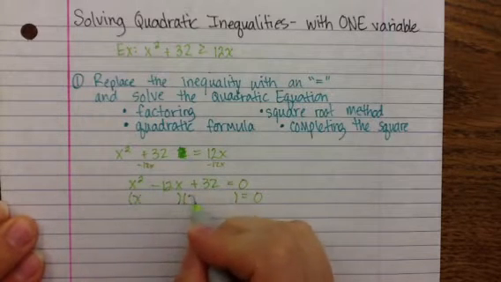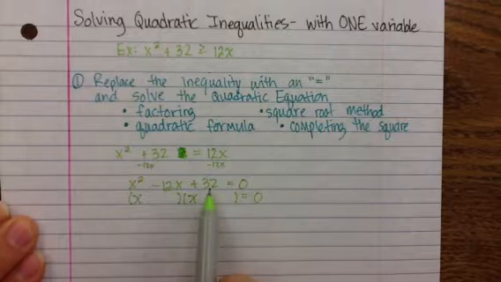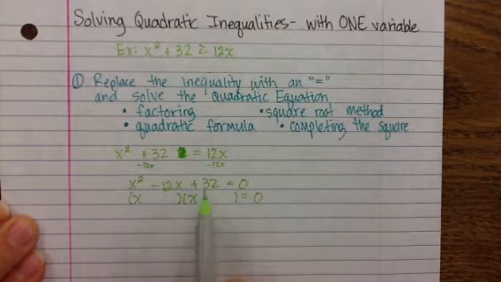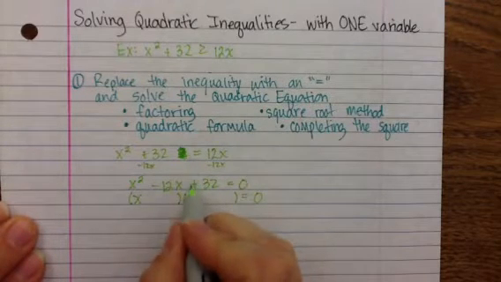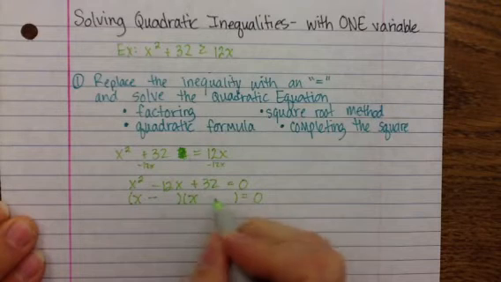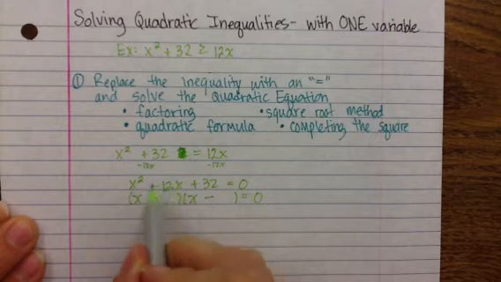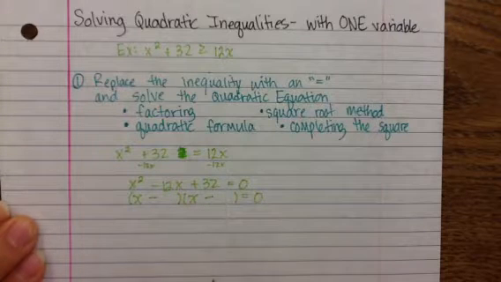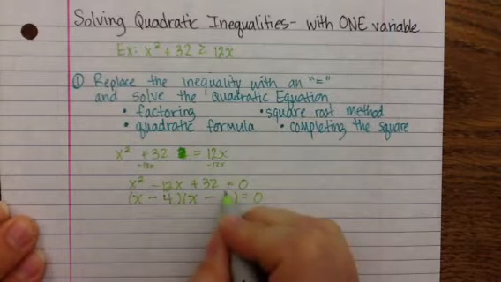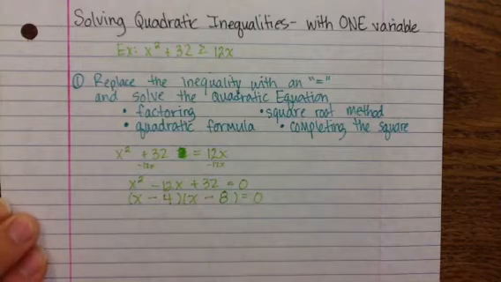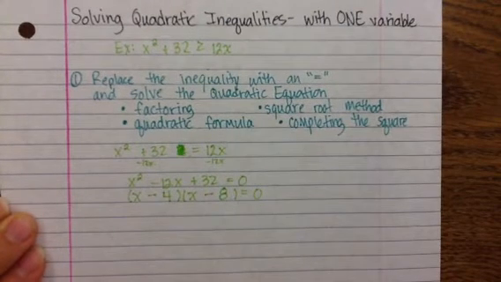I know my first spots have to be x and x. My last spots have to multiply to give me 32. I know both signs have to be the same, and they both have to be negative, so minus and minus. And I'm looking for my outside and inside terms to add to negative 12. So x minus 4 times x minus 8 is going to give me that.